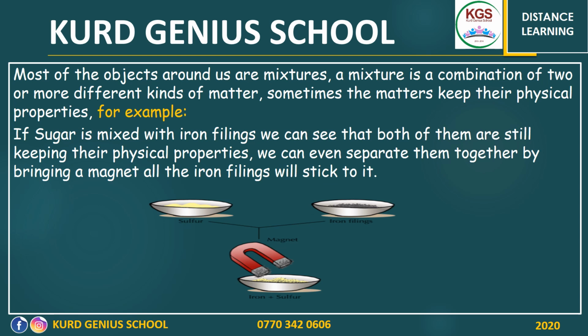By separating them. I'm going to separate them from each other by bringing a magnet. I'm going to put it over the mixture of iron and sugar, and I'm going to see if the iron is going to stick to the magnet. If the iron stuck to the magnet, this means that the iron didn't lose its physical property, even though I broke it down into many small pieces.